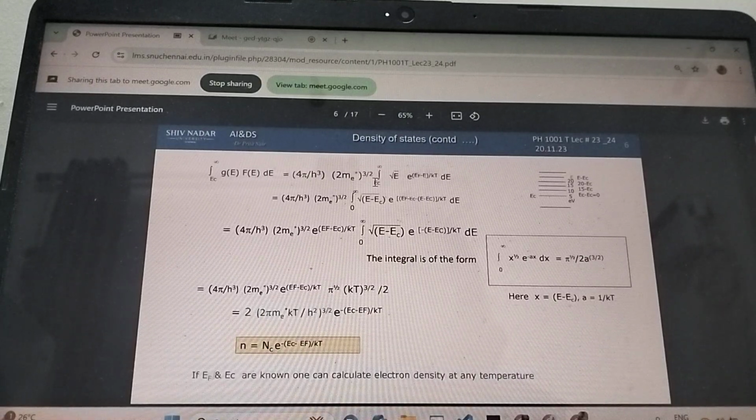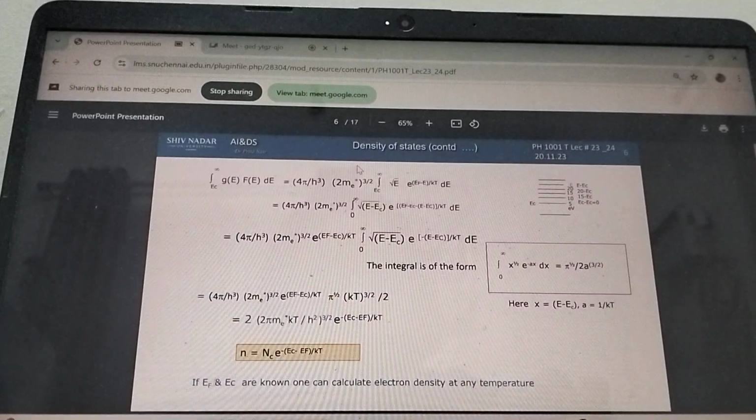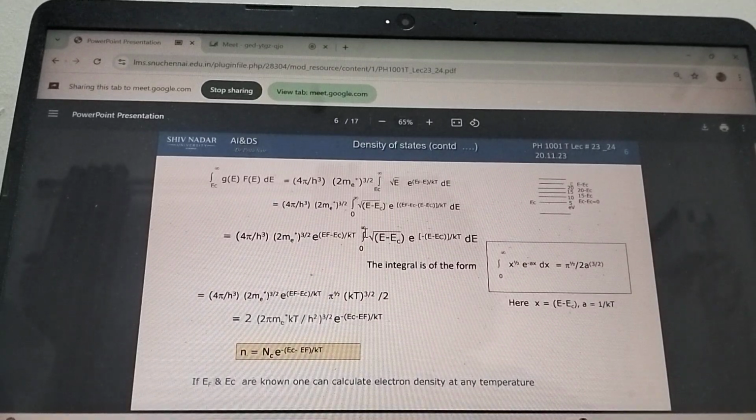What I ultimately want is for this EC to become 0. So I am subtracting EC from here, which means wherever else I have an E term, I have to subtract EC from all of those. So when I subtract EC everywhere, this is the expression I get. With that out of the way, it's very simple. Now the limits are fixed.